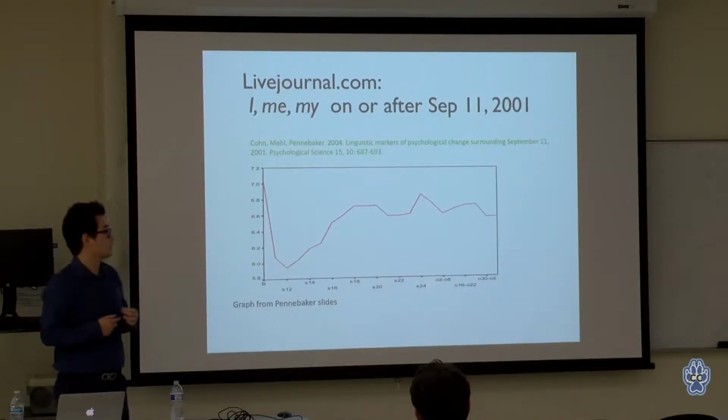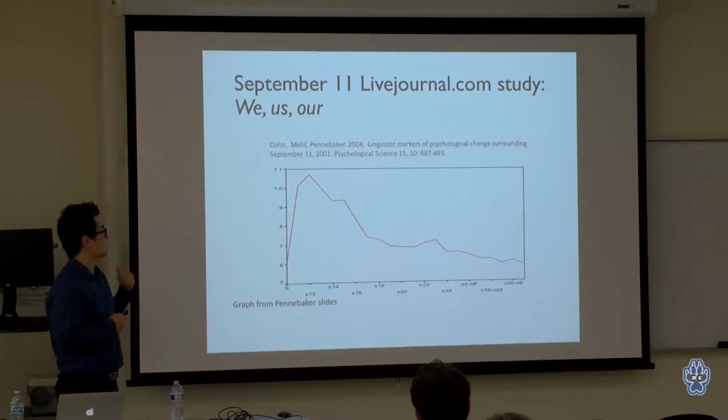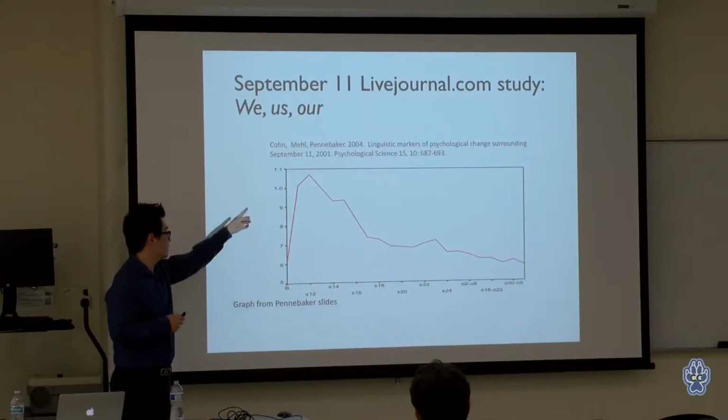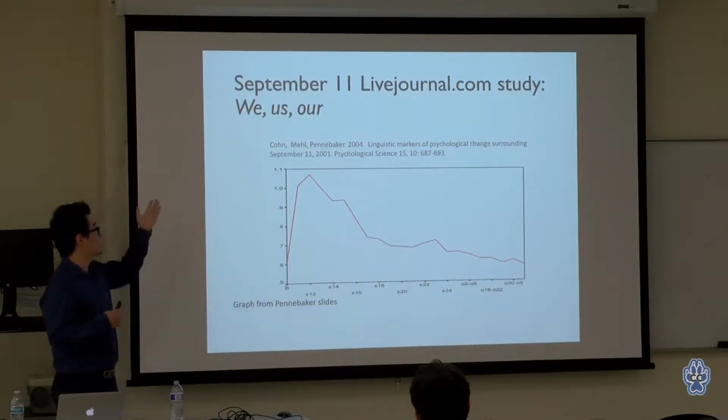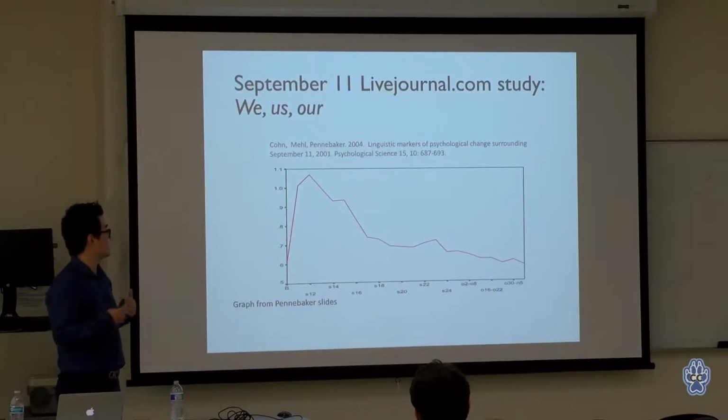Linguists also tracked the usage of pronouns like we, us, and our, and realized that after September 11 there is a surge, as you can see here on September 12th, that people started to use more of we, us, and our to show this kind of specific event, as you can see from this linguistic data.